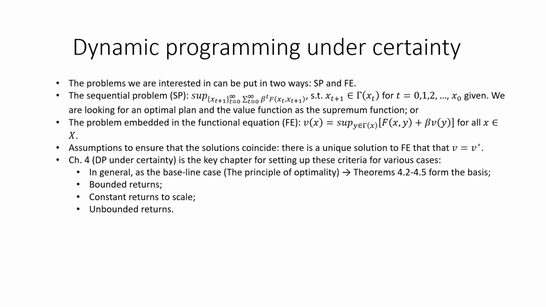So chapter 4, dynamic programming under certainty, is key because this chapter gives us the criteria in various cases. First, we will have the criteria in general. Actually, this is assumptions 4.1 and 4.2. So we are going to have two assumptions and four theorems, theorems 4.2 up to 4.5.